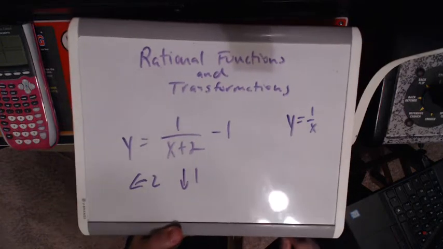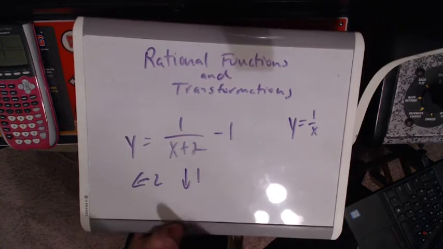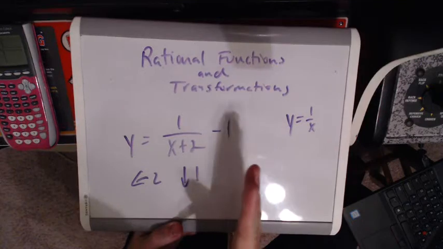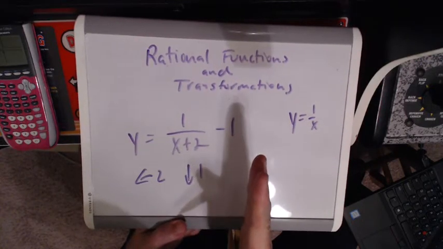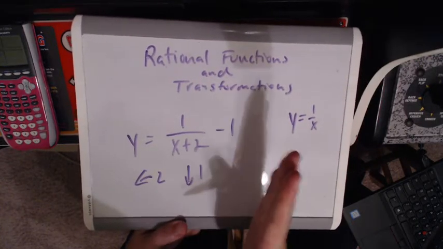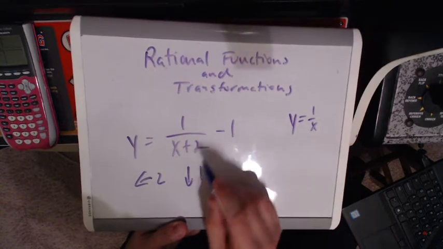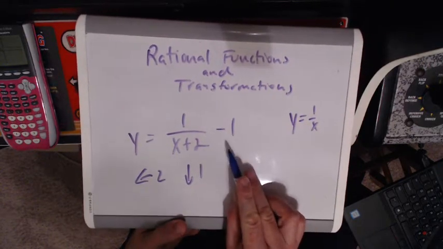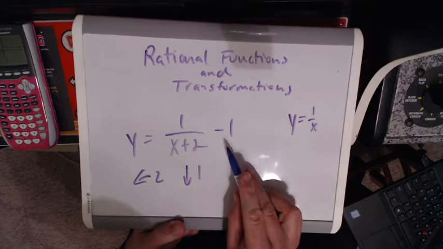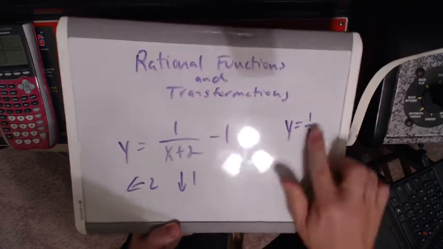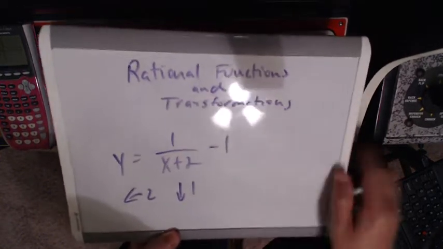Left 2, down 1. So essentially what happens is, you know how we have that vertical asymptote at 0? It would just go left 2. So we'd have a vertical asymptote at x equals -2. And then the horizontal asymptote, I promise you, would be at -1. So watch what I know here. This is pretty cool.